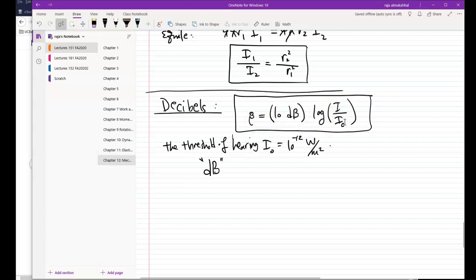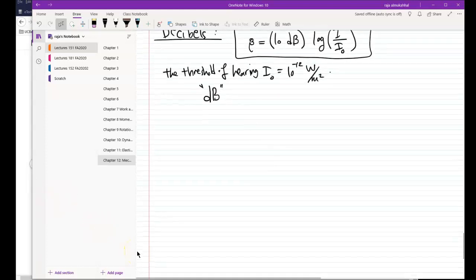Let me show you an example of that. Let's start with example 12.8. I want to start with something a little bit easier. This is basically for my notes.